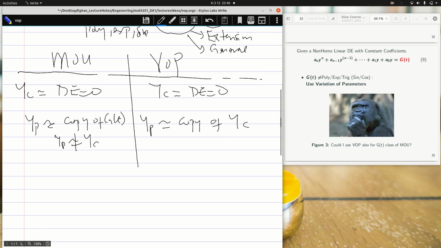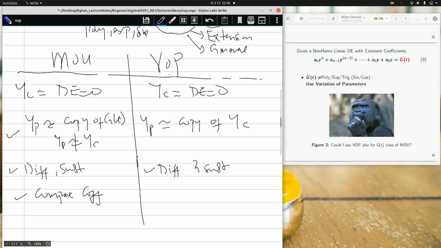If I'm done here under MOU, I have to differentiate, substitute, and then compare coefficients. Now what do we do under VOP? We still differentiate and then substitute.